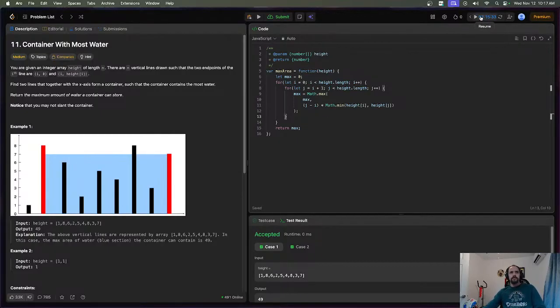What is this? Interesting. Let's just list out ideas. Is there a recursive way? Is there a way to use a map? Is there a way to use dynamic programming?